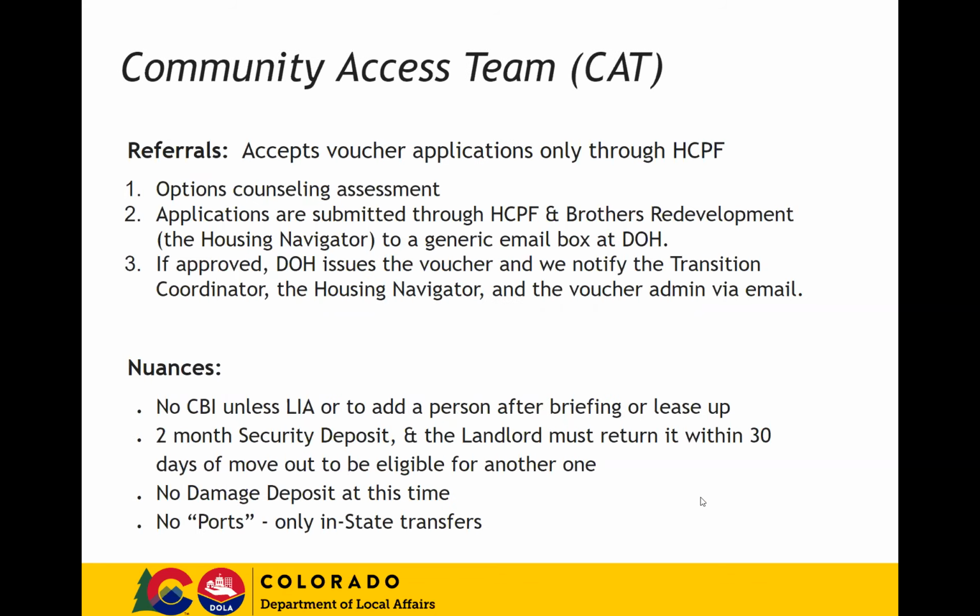For the referral process, we only accept the voucher applications through HCPF. So first, the applicant will engage in an assessment for eligibility through options counseling. And then the housing application will be completed by the applicant and then submitted to us through the designated CAT inbox.